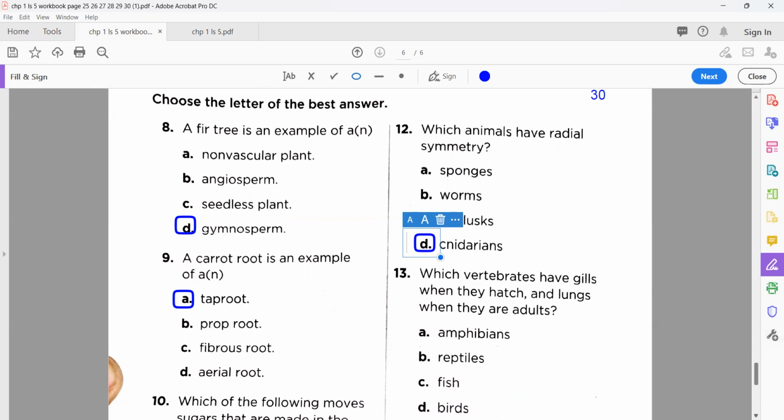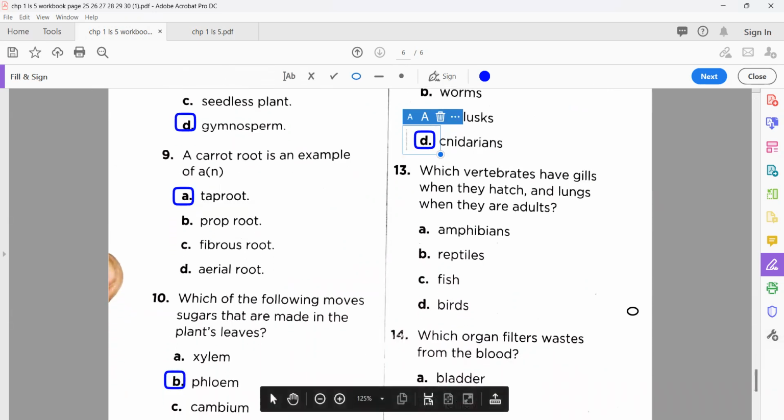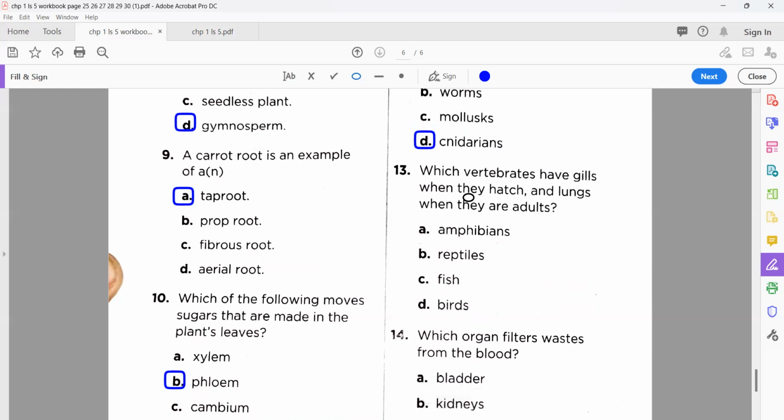Number 13. Which vertebrates have gills when they hatch and lungs when they are adults? Gills help them live in water, and lungs help them survive on land.